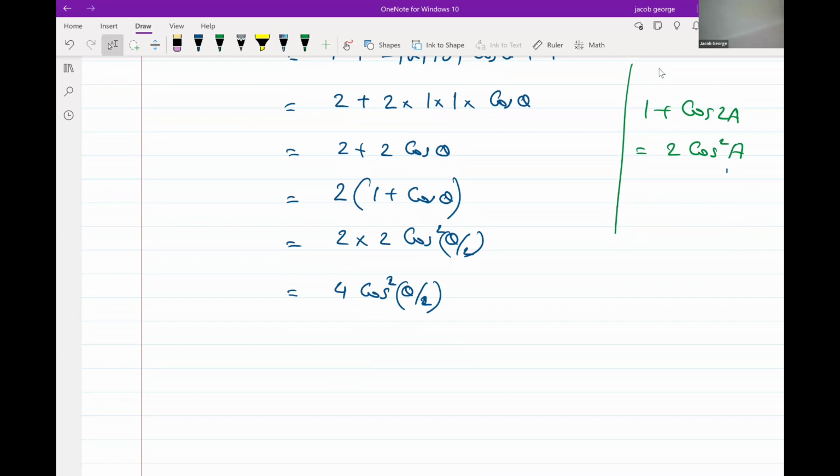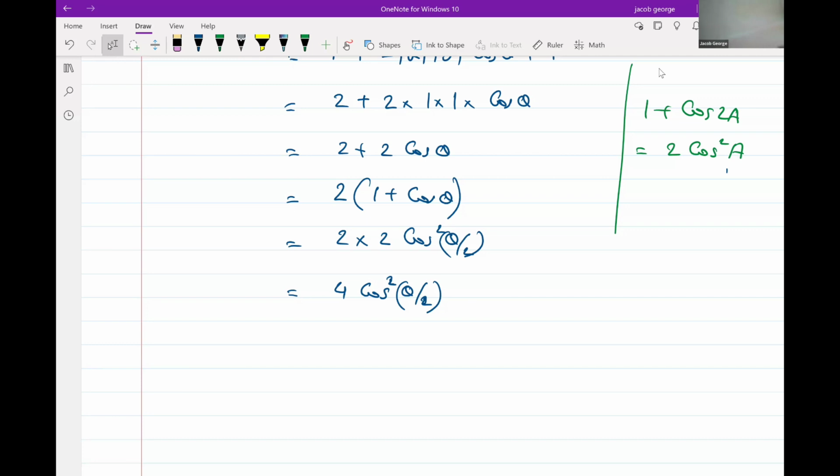So when you take the square root, you get the answer.